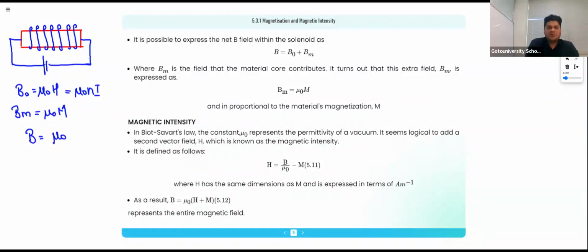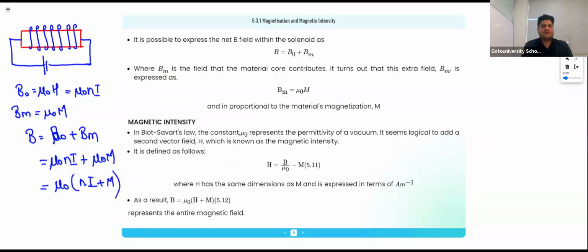Total field will be B naught plus Bm. What is B naught? Mu naught nI. What is Bm? Mu naught M. So this will be equal to mu naught (nI plus M).